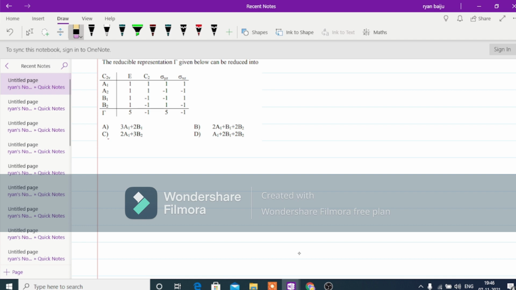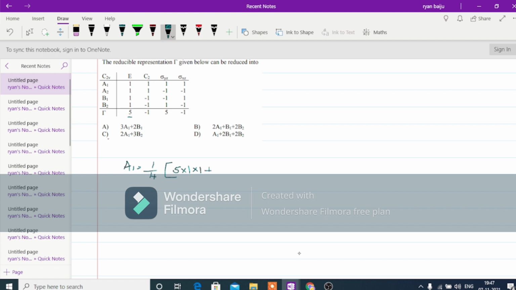Here, first I am going to calculate the A1. A1 equal to 1 by h. Therefore here order we have to calculate 1, 2, 3, 4. Therefore here 1 by 4. Reducible representation 5. First we have to consider this one, A1: 1 into identity 1.